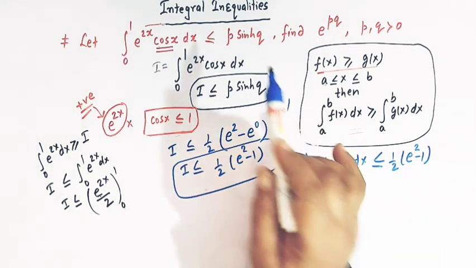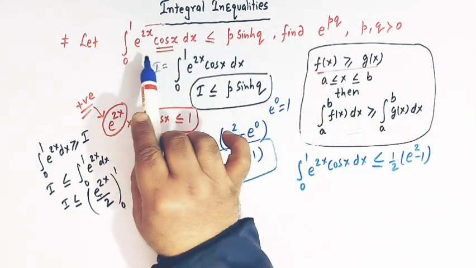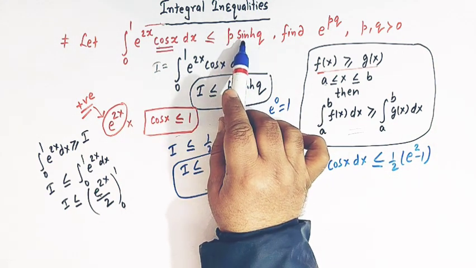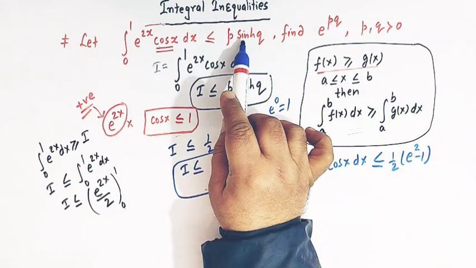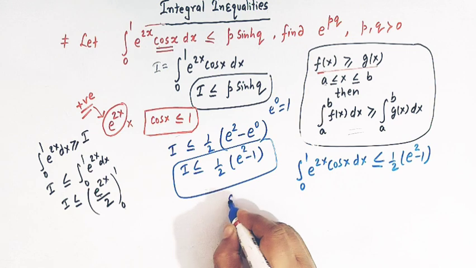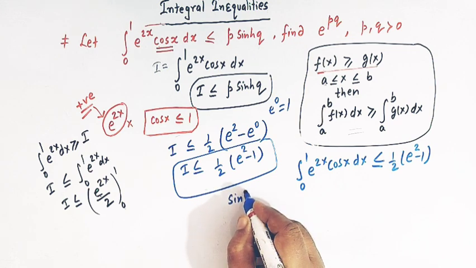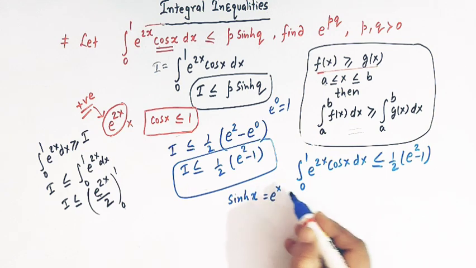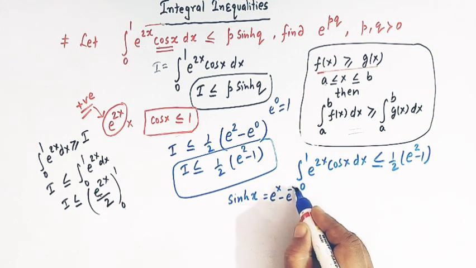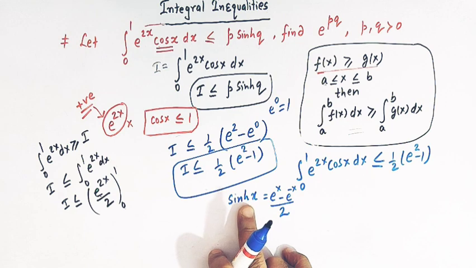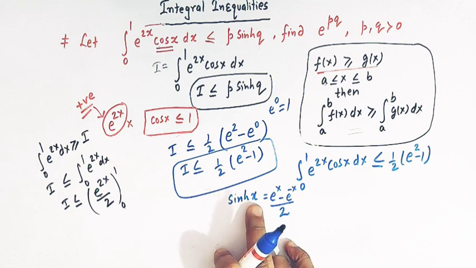But in this problem, we have to express this result in the form p times the hyperbolic sine of q, right? So here we'll use the definition that hyperbolic sine of x is given by (e raised to x minus e raised to minus x) over 2, right? So this is the definition of the hyperbolic sine function.